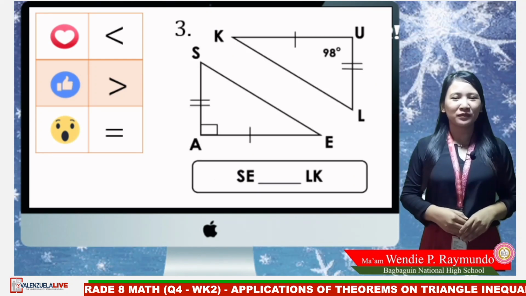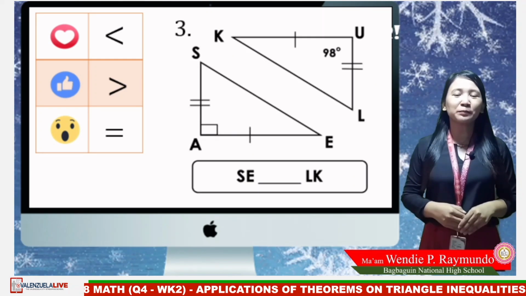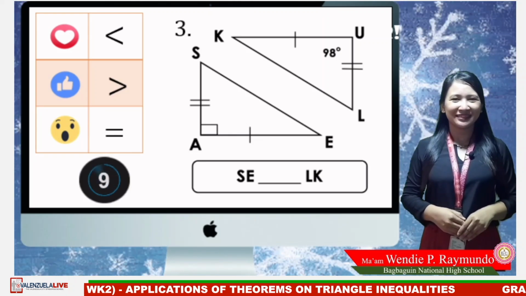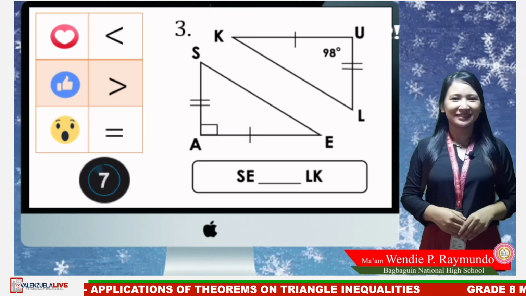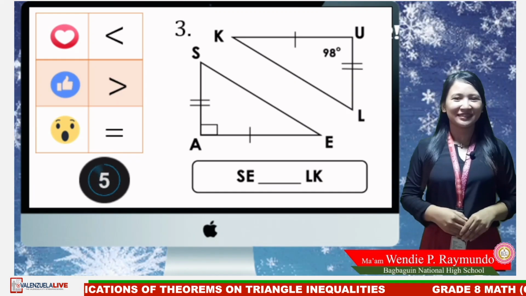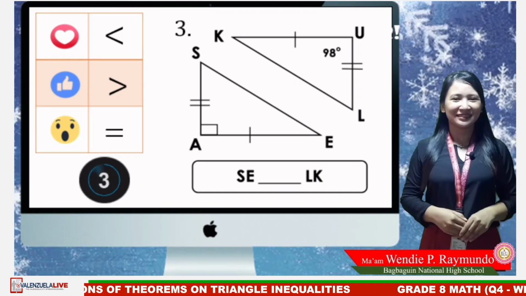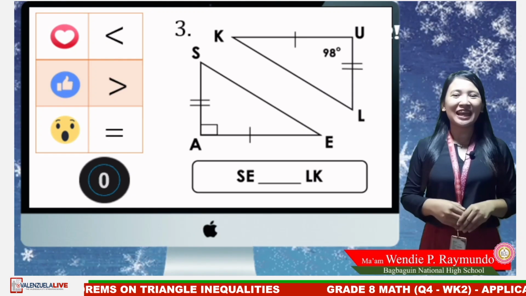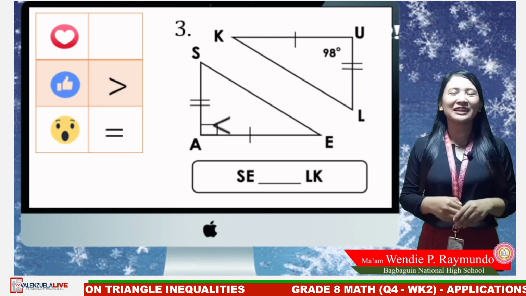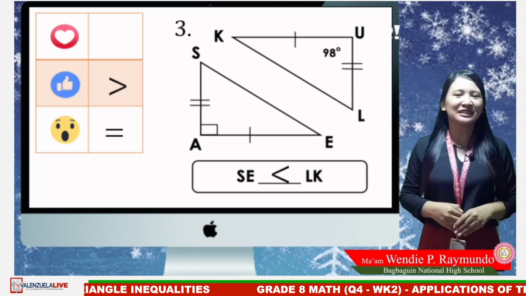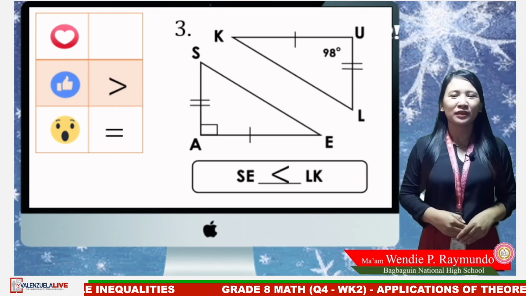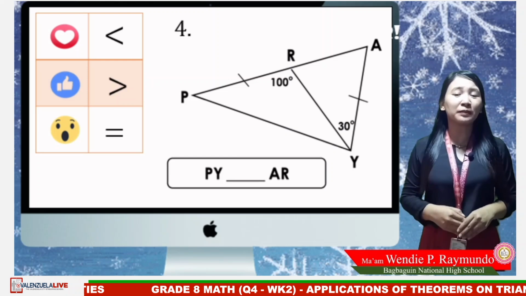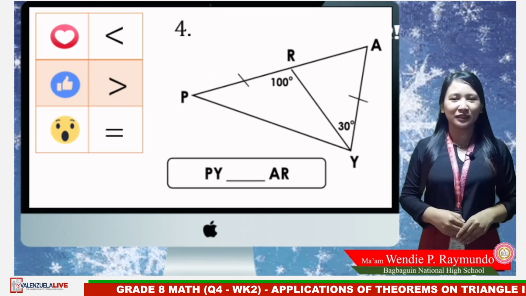Number 3. Side SE is blank to side LK. And the answer is side SE is less than side LK. Number 4. Side PY is blank to side AR.